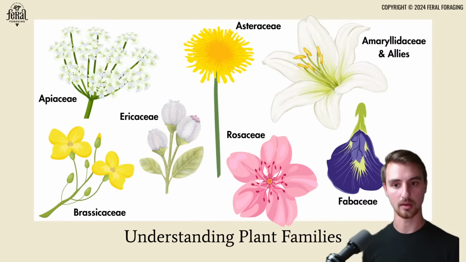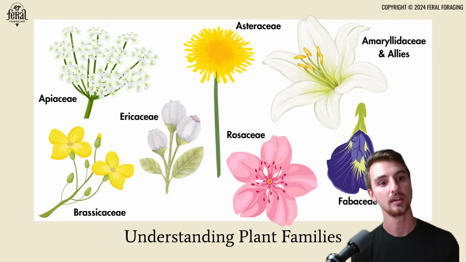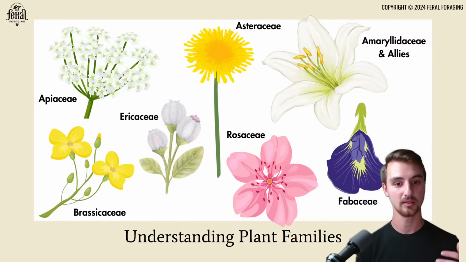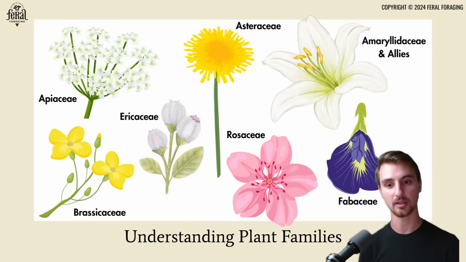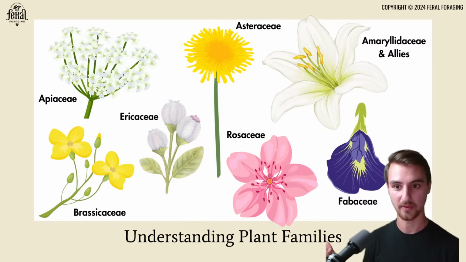So there were 5 families that I showed in that one before. Here are some of the big families that I think are really important for foragers to know. The carrot family, the aster or the dandelion, the sunflower family, the onion family, the bean family, rose family, blueberry family, and the brassicas, the broccoli family.